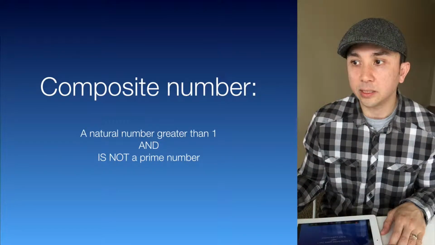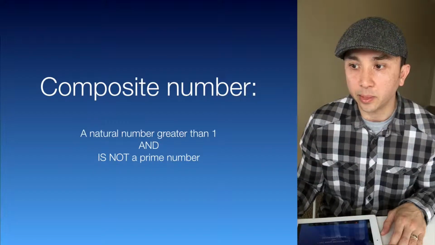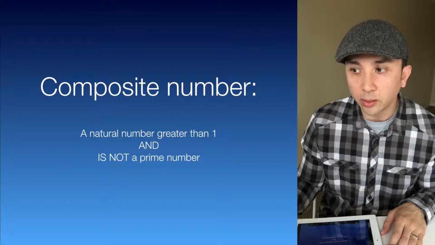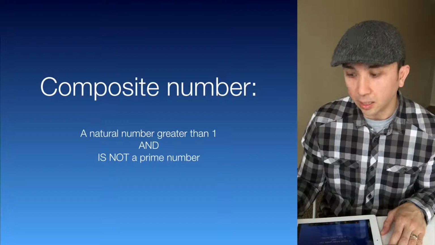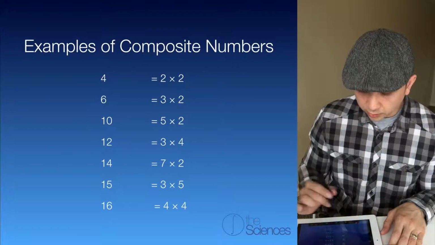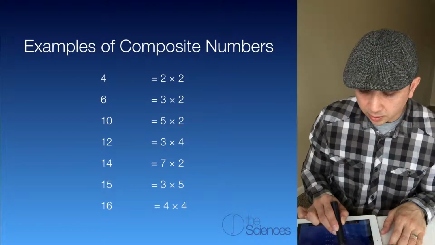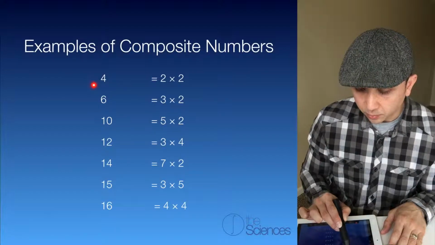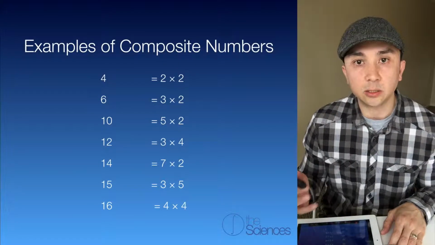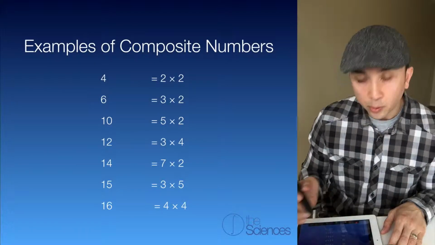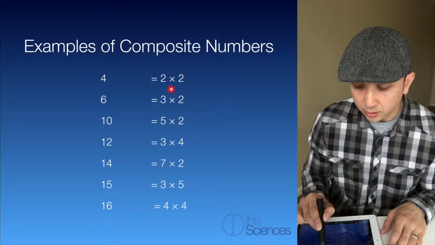A composite number is kind of like the opposite of a prime number. It's a natural number greater than 1, but it is not a prime number. So here's an example of a composite number. Let's take 4 for example. To get 4, we can do 4 times 1, but we can also do 2 times 2.